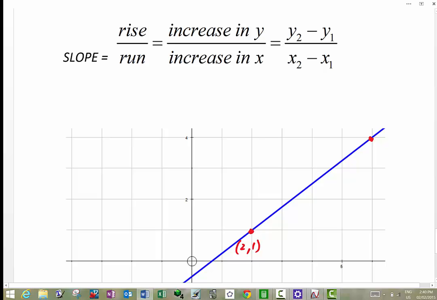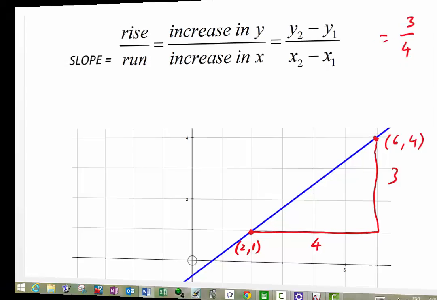Look at the scale, that's 6, 4. So how far across do we go, and how far up do we go? We can see that the rise is 3 and the across is 4, so the slope is 3/4, which is 0.75, and clearly it's positive because the line is going up.